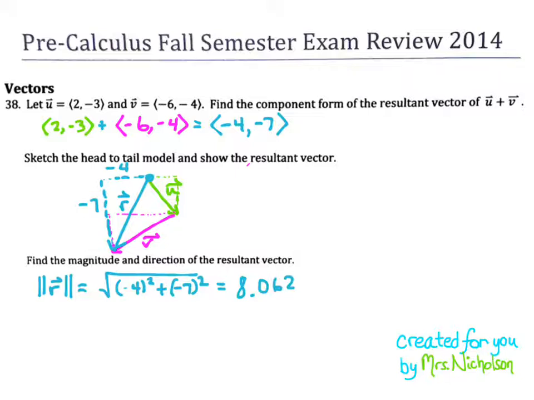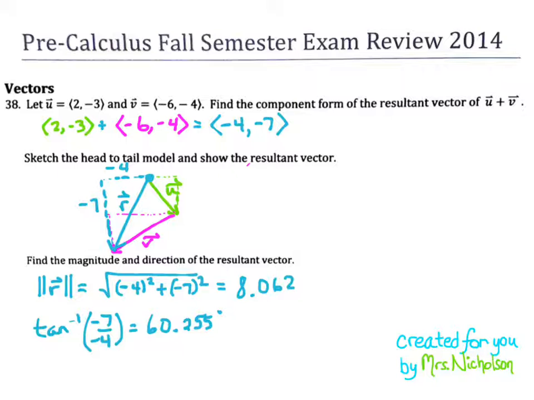Now to find the direction, we're going to use inverse tangent, because I have a vertical component and a horizontal component, which correspond to a y and an x. And so inverse tangent of -7 over -4, and if we put that in our calculator, we get 60.255.